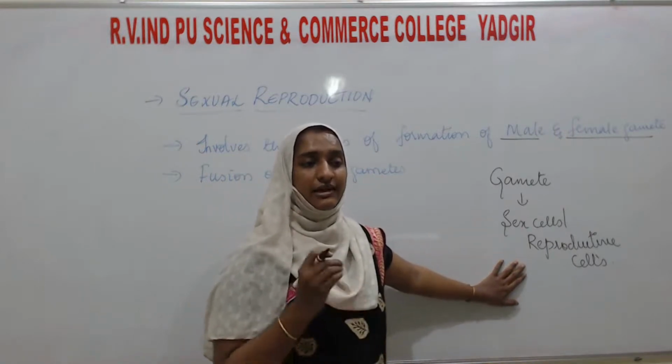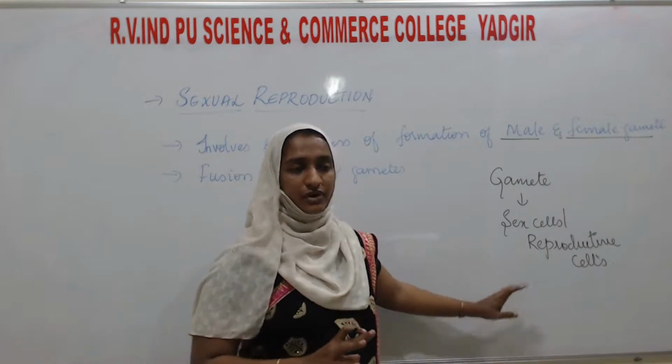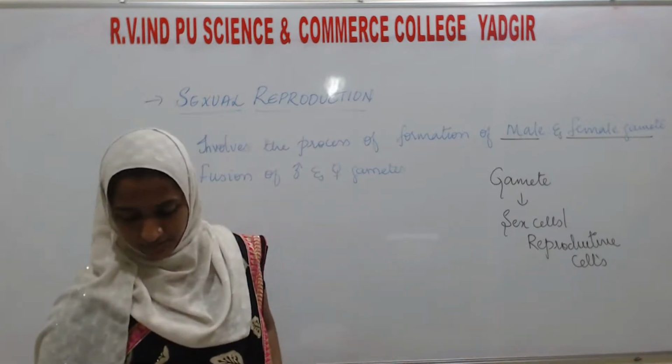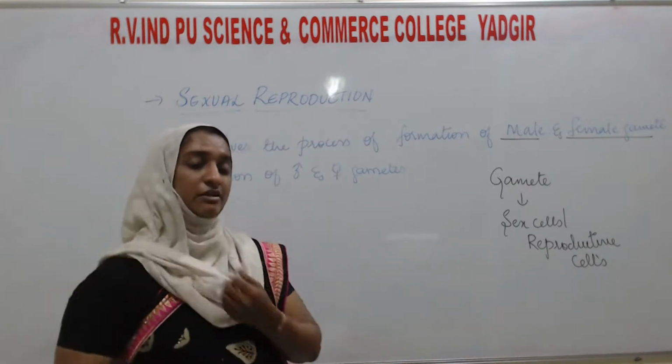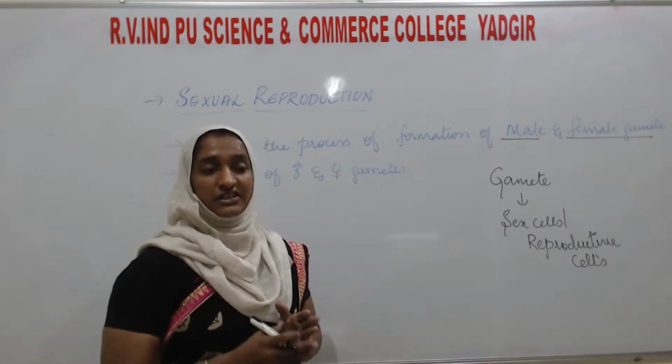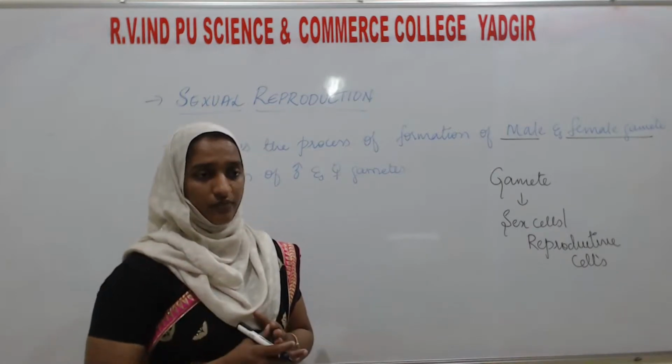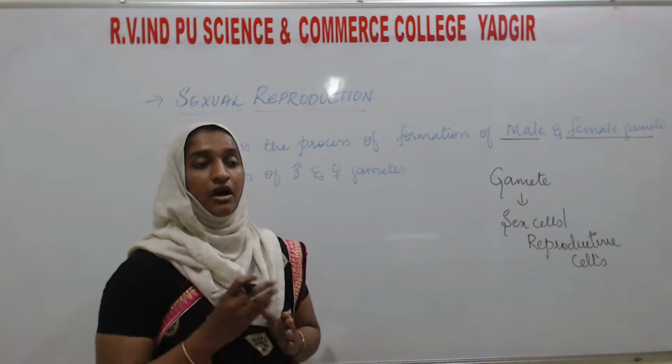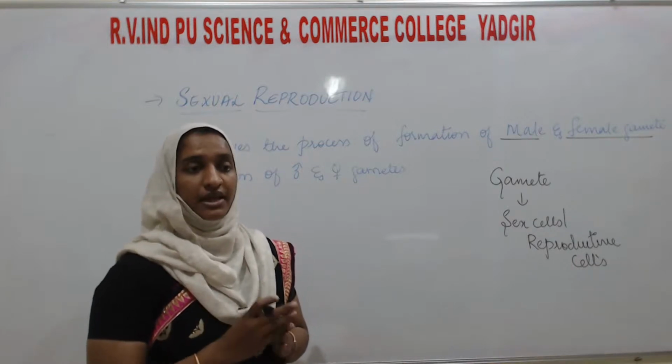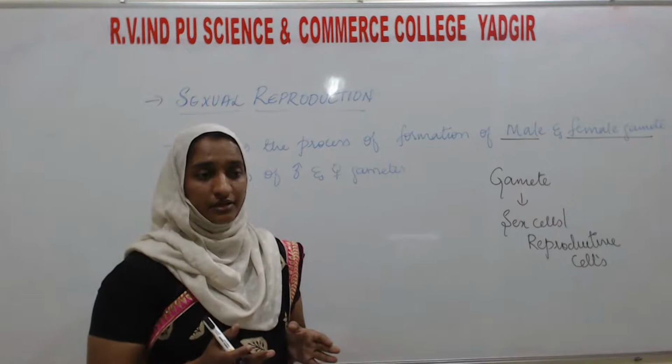Means these cells are mainly responsible for sexual reproduction. And these gametes are going to be produced in the gonads. Gonads are the sex organs, which differ in male and female.